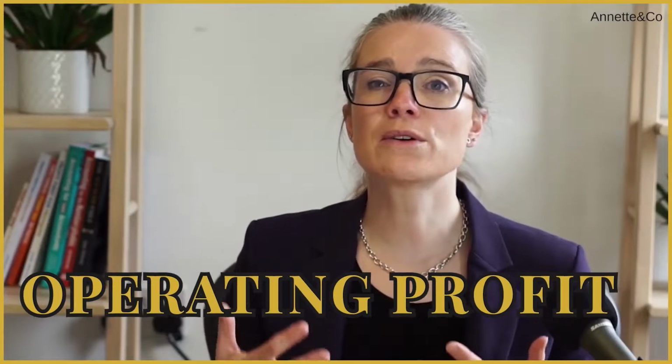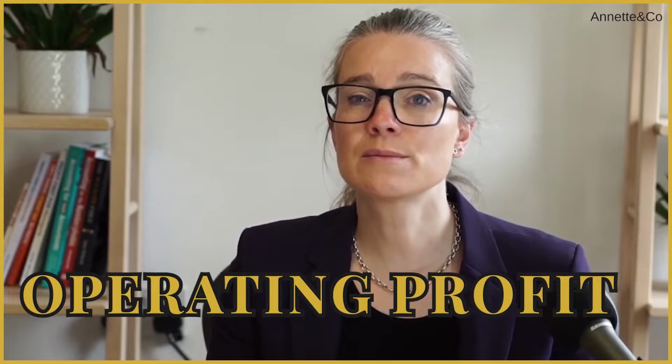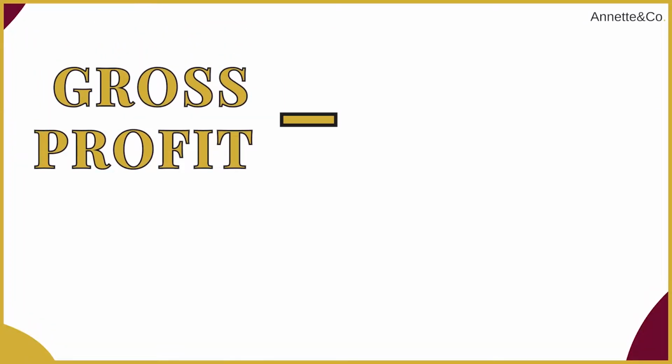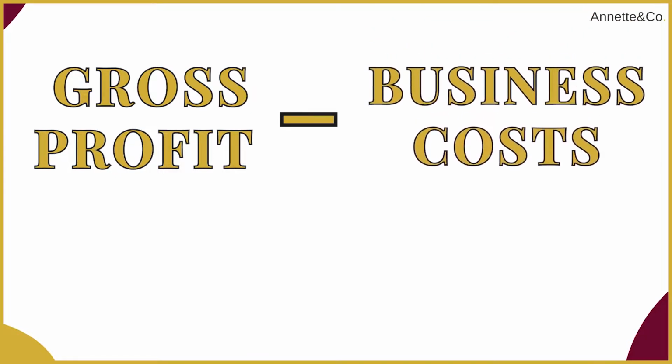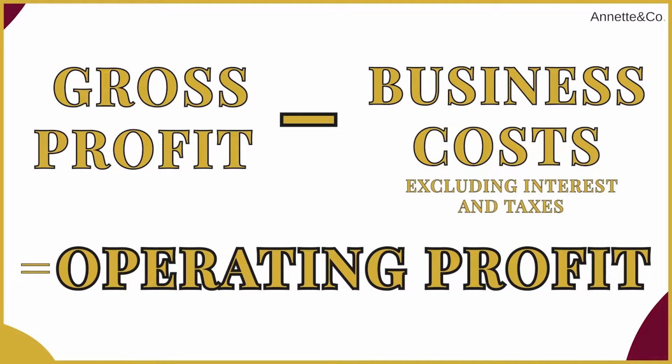Next, we have operating profit. Operating profit is your gross profit minus basically all your other business costs, excluding interest and taxes. So that number of the gross profit minus all costs excluding interest and taxes gives you your operating profit of your business.